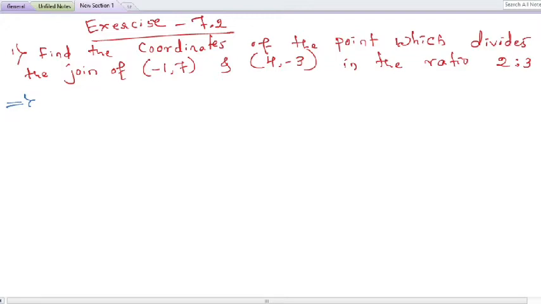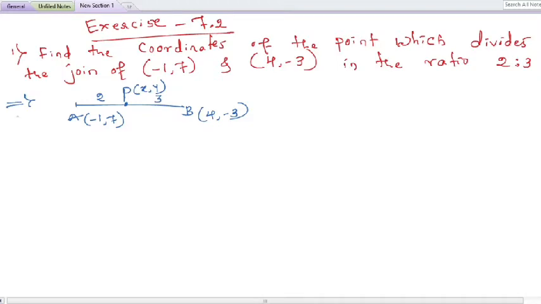See, say it is one line segment, it is A, it is B. The coordinates of A are -1, 7, the coordinates of B are 4, -3. Then here P is a point with its coordinates x, y. It divides in the ratio 2:3. Say it is 2, it is 3.